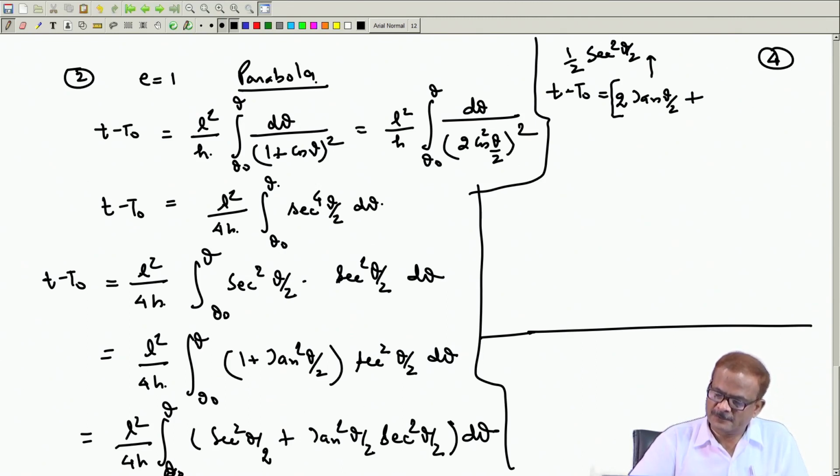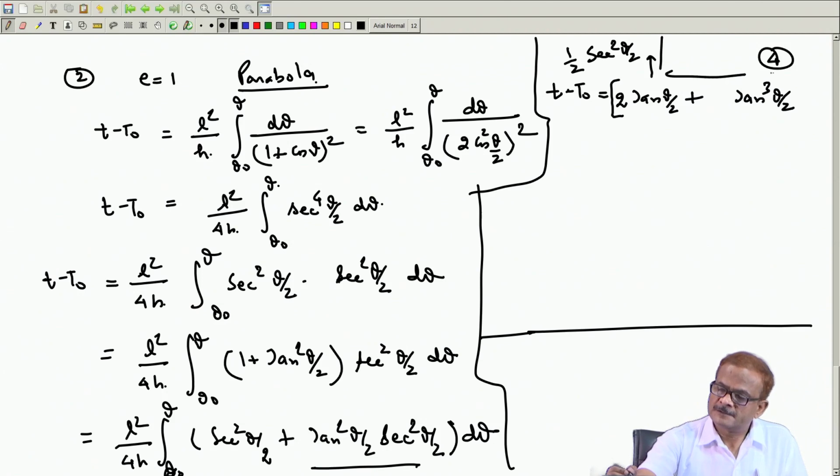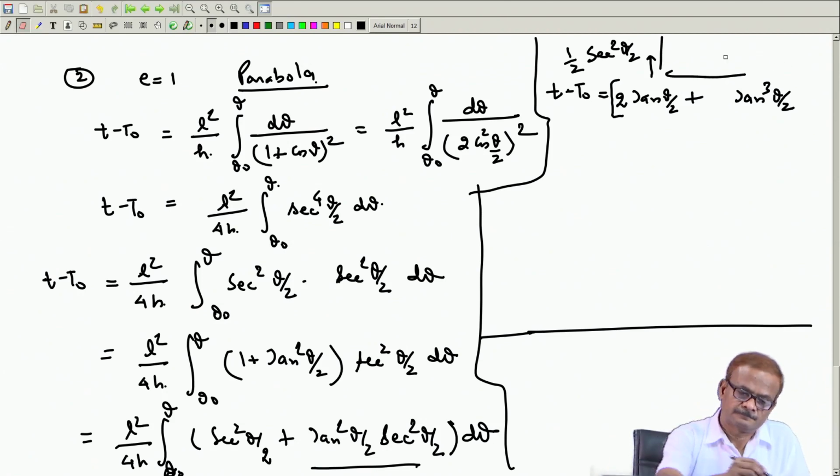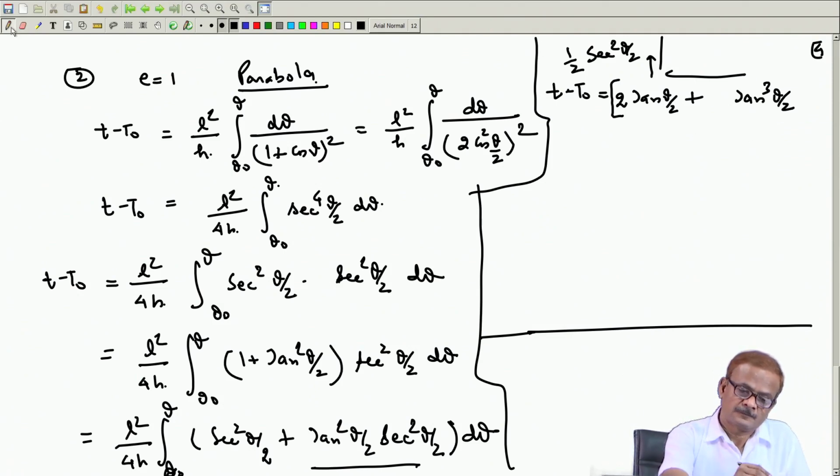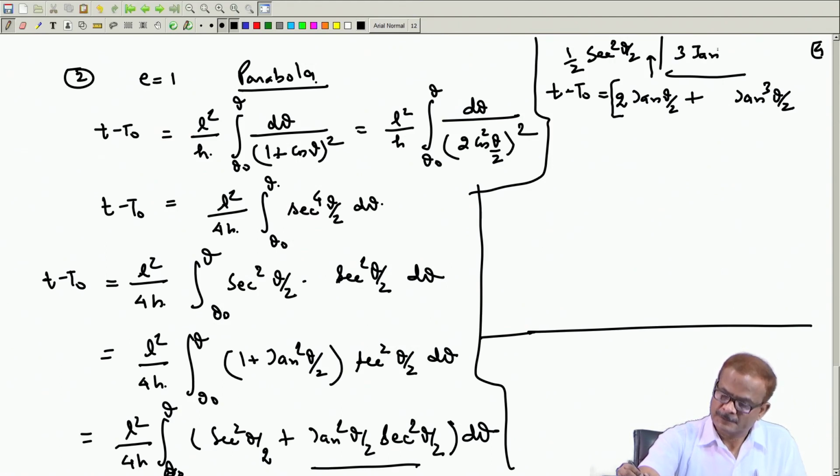And similarly, for this part, we can see this is the result of tan to the power 3 theta by 2. Okay. Once we differentiate this quantity, it will appear as 3 tan square theta by 2.